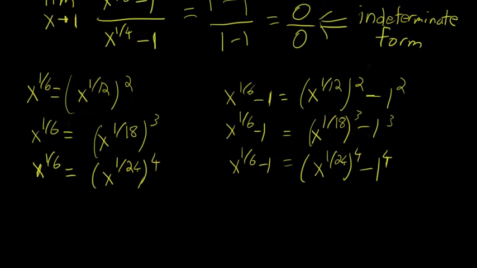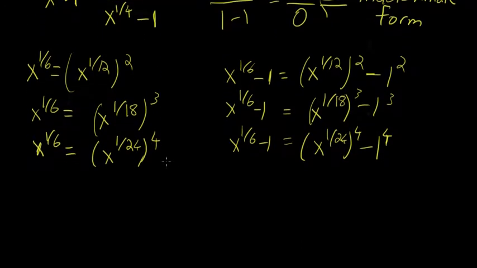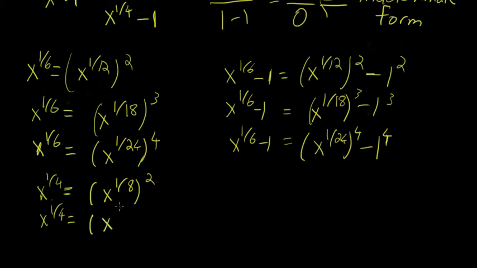Now this denominator here, x to the 1/4 minus 1. Let's first look at x to the 1/4. It can be re-expressed as x to the 1/8 squared. It can also be rewritten as x to the 1/12 cubed.